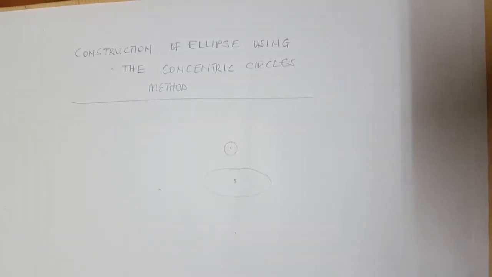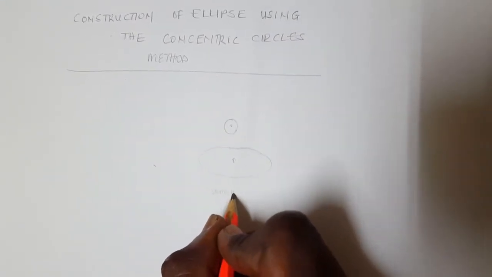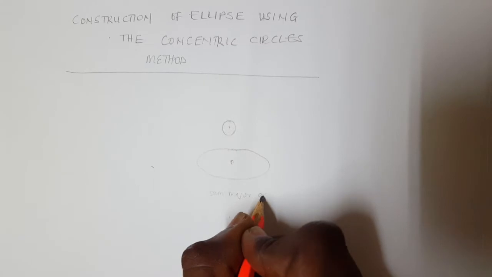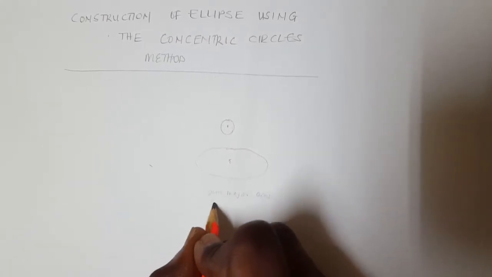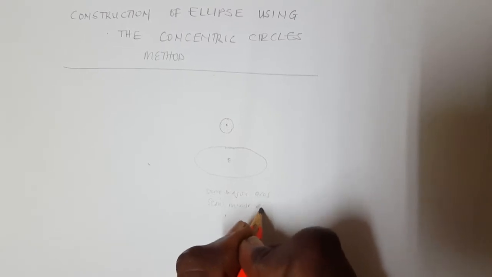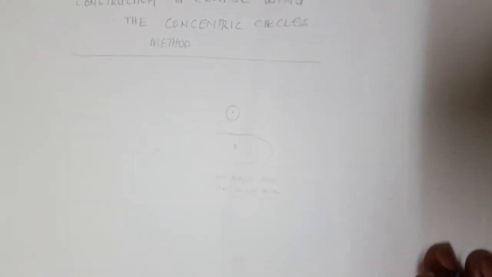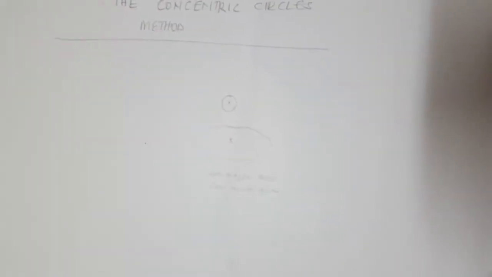So because of that, we have two distances called the semi-major axis and the semi-minor axis of the ellipse. The semi-major, if we say something is major, we will say it is the most important one.